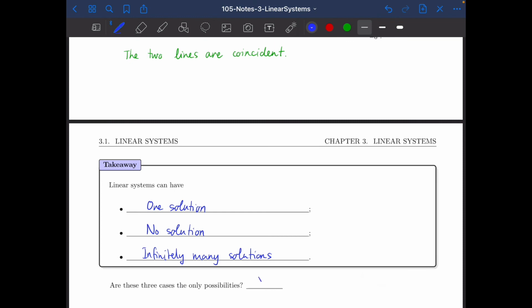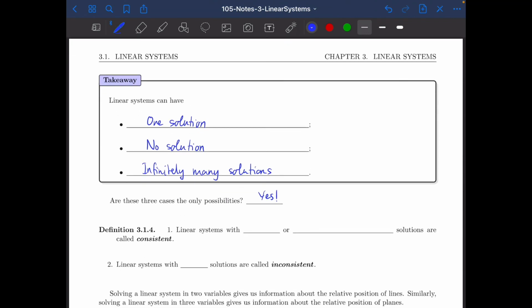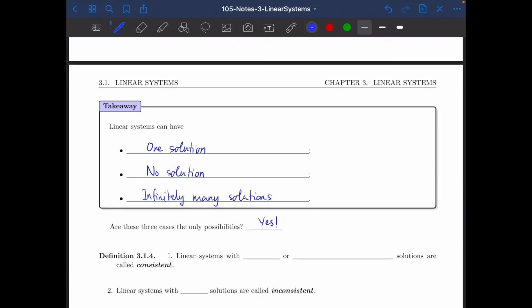It turns out that yes, they are the only possibilities. Before moving on, we need to define two more terms. Linear systems with one or infinitely many solutions are called consistent, and linear systems with no solutions are called inconsistent.